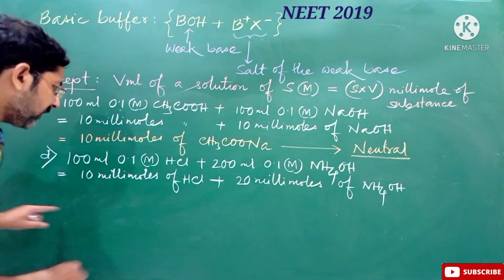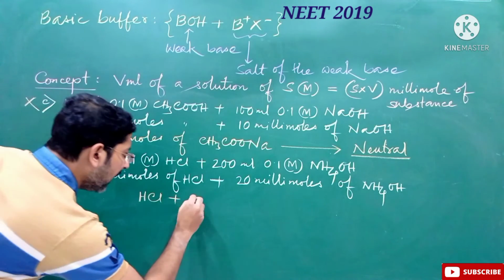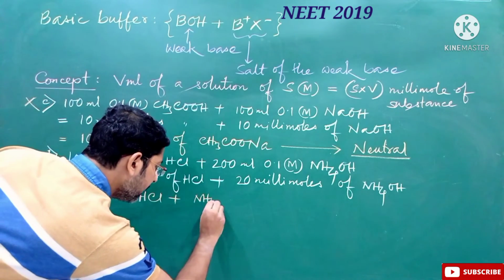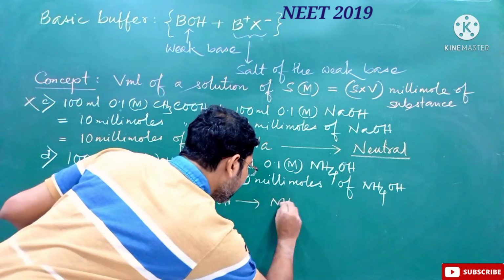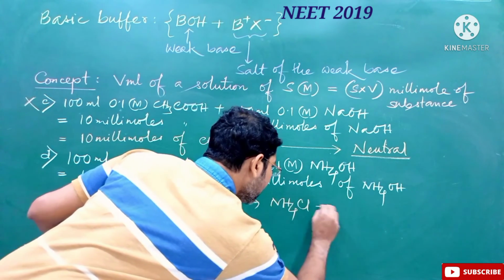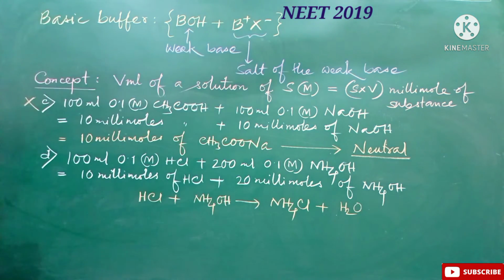Now what will happen after the reaction? HCl and ammonium hydroxide will react together to form NH4Cl, right, plus water.